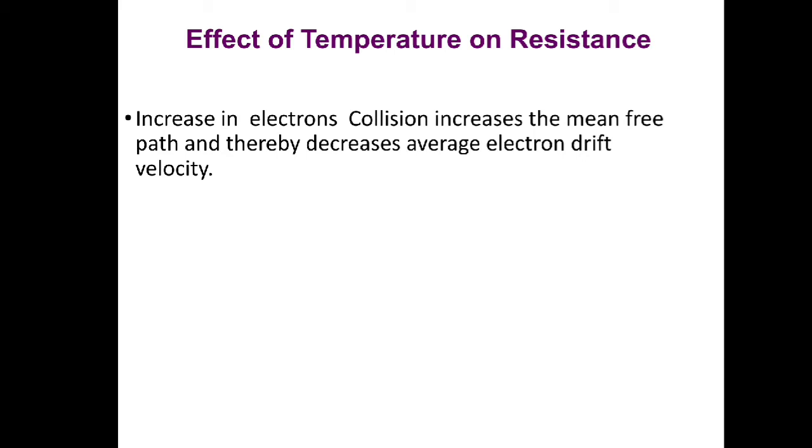Suppose the students are at different places; then it is very difficult for him to carry the students from one place to another. Similarly, when the temperature increases, the collisions of the electrons take place and the electrons are scattered at different places. So the electron drift velocity will decrease, and obviously the resistance of the conducting material will increase.